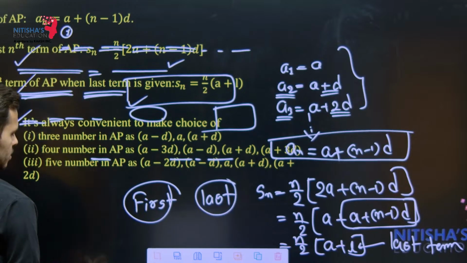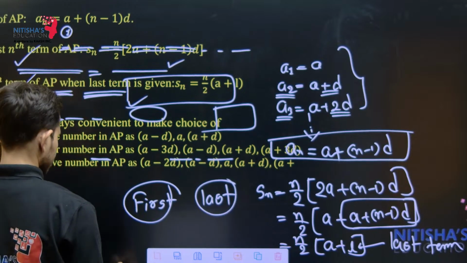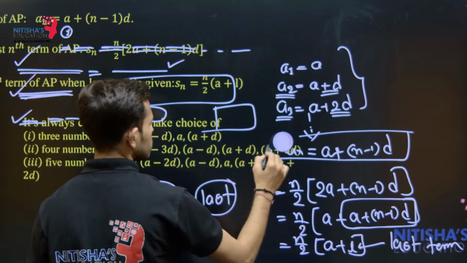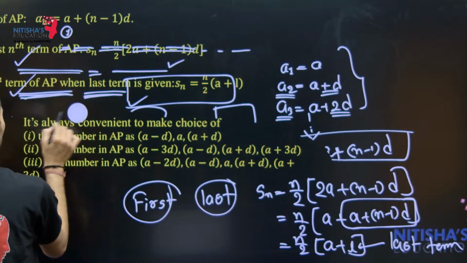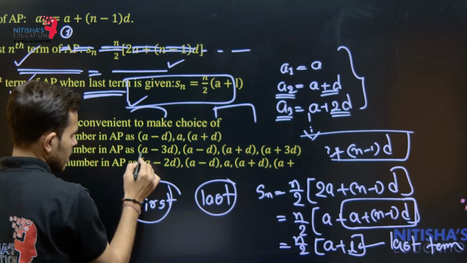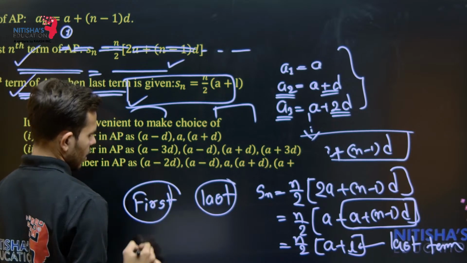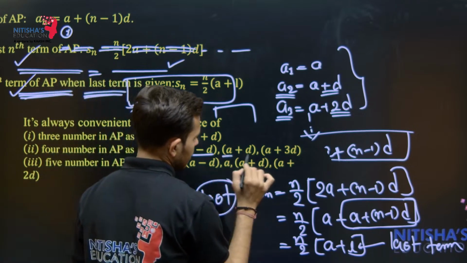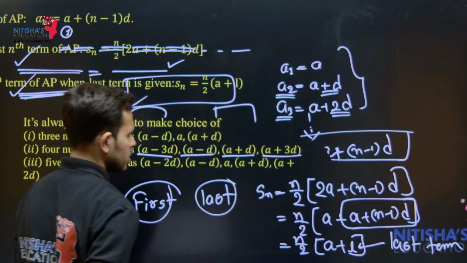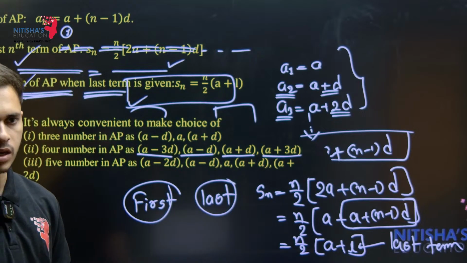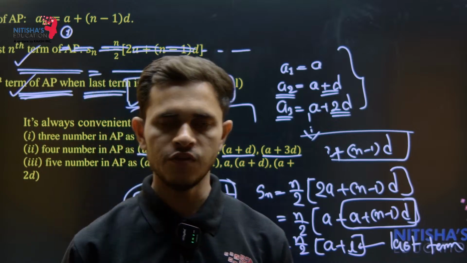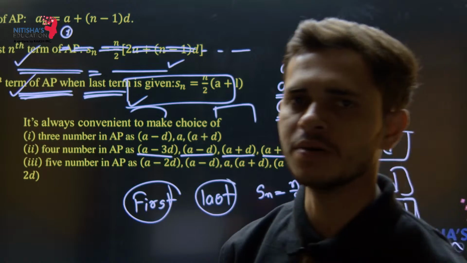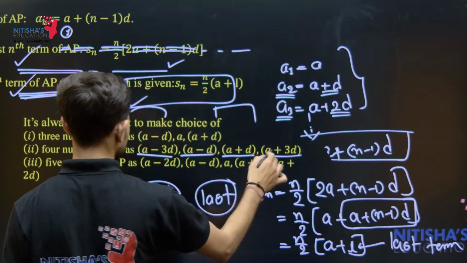If they are saying that you have to take 4 numbers, then which 4 numbers are you going to take? These 4 numbers are a minus 3d, a minus d, a plus d and a plus 3d. These are the four numbers you are going to take whenever there is a question in which they are asking you to take four consecutive numbers and find those numbers.